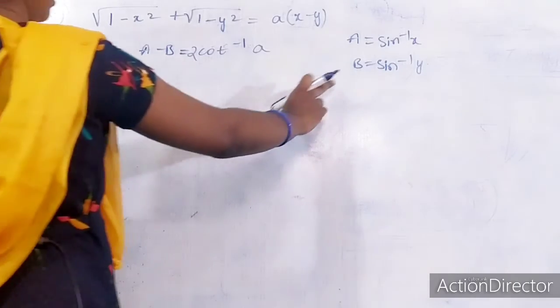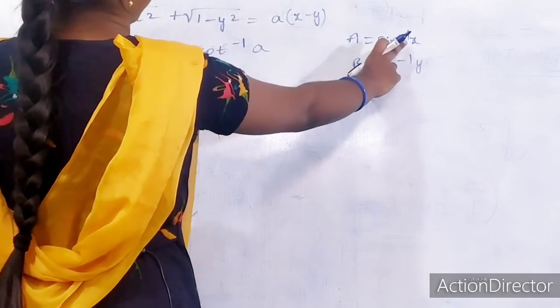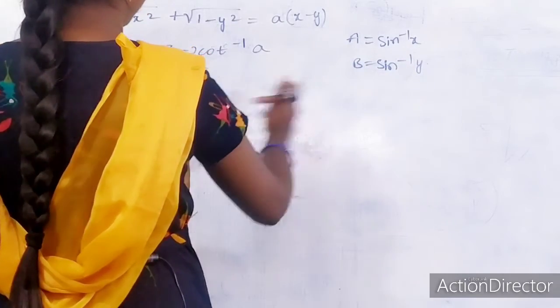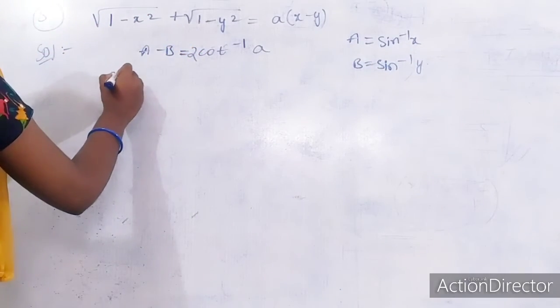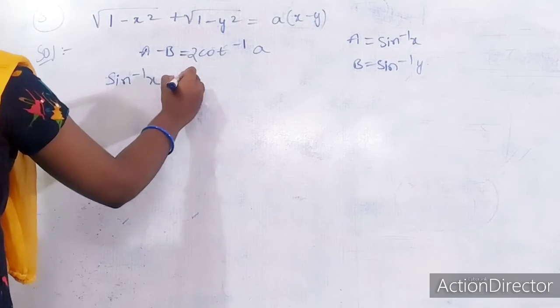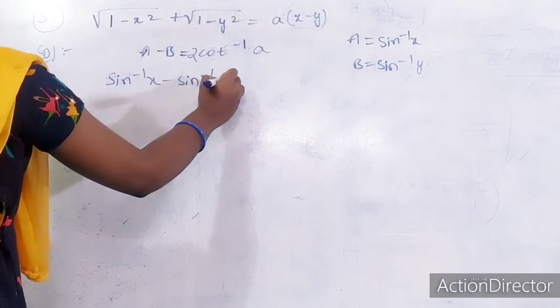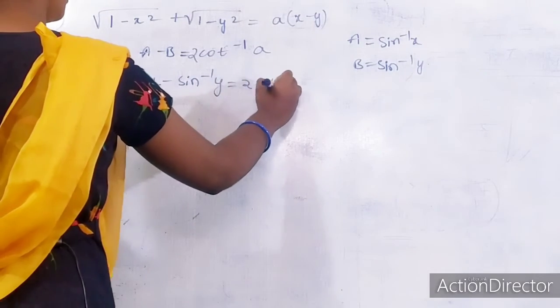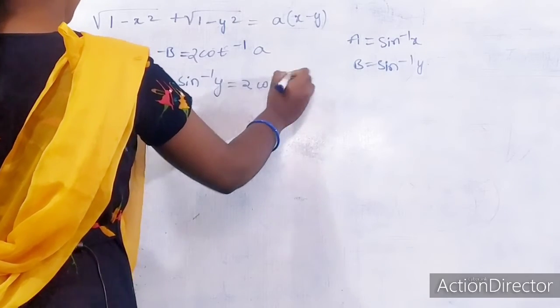From the starting question, we wrote a is equal to sin inverse x and b is equal to sin inverse y. So sin inverse x minus sin inverse y is equal to 2 cot inverse a.